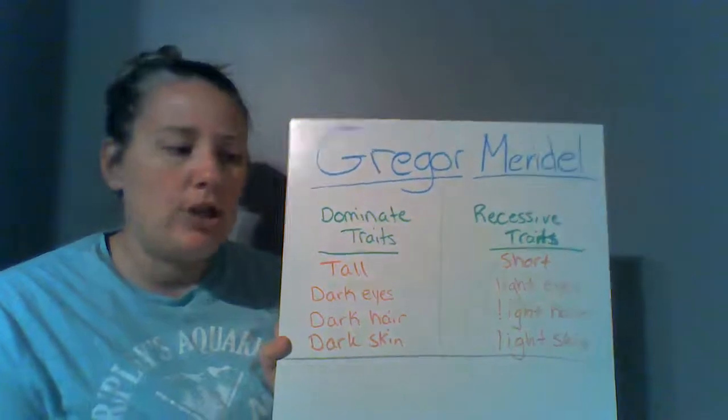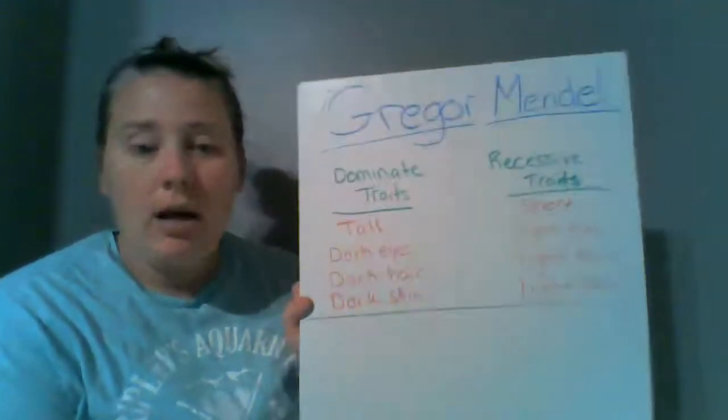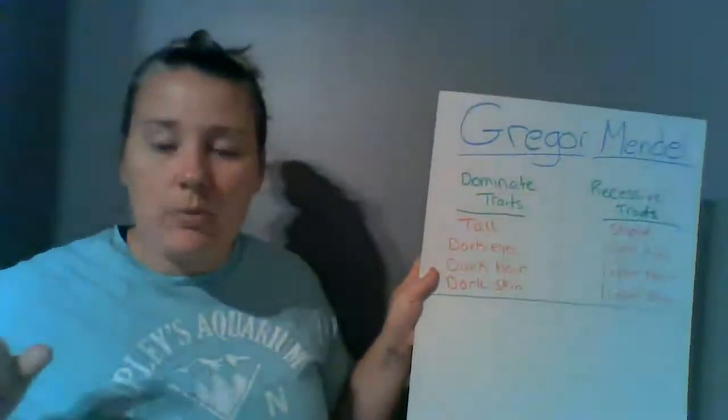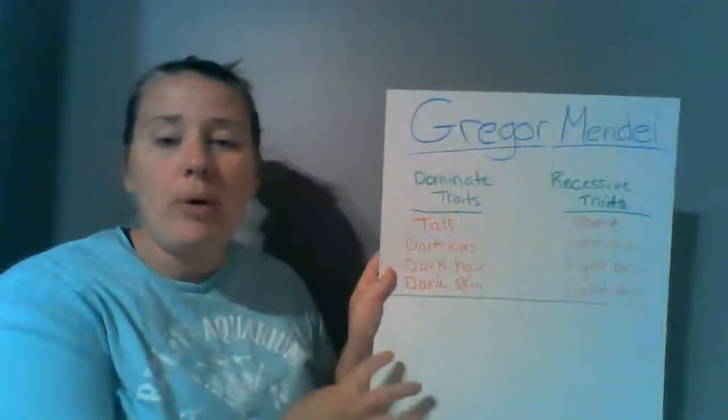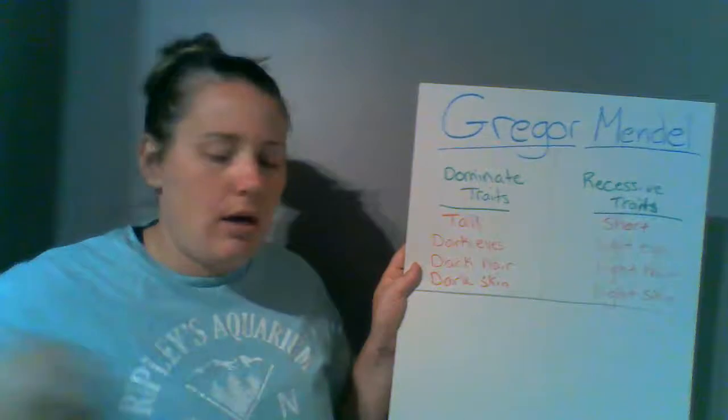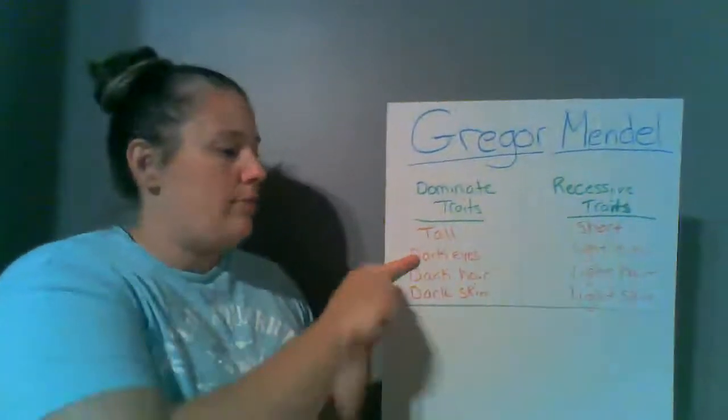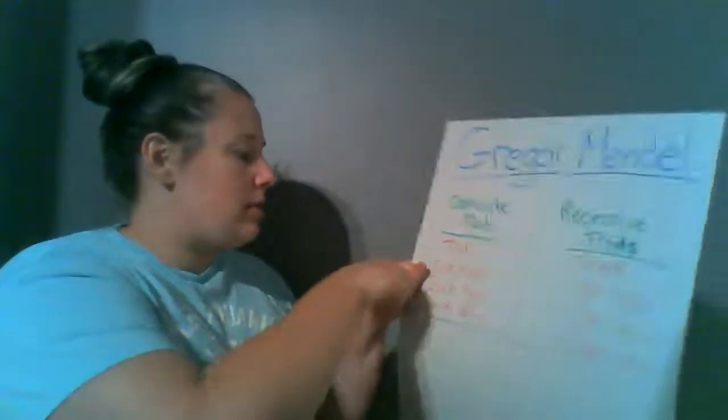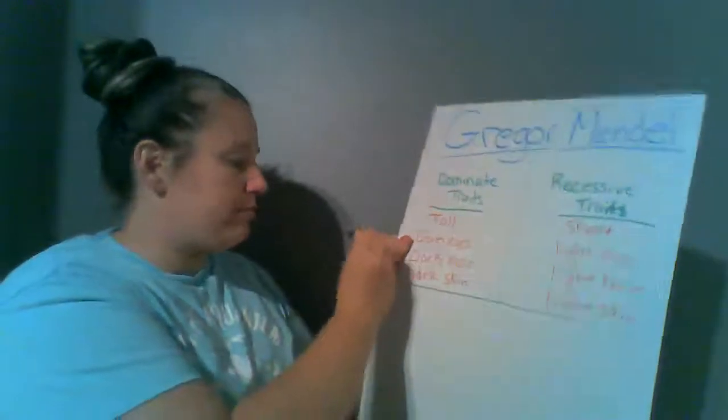He actually used pea plants to do some of his experiments. So this is where your drawings come in. You can use your notebook or your paper. I'm just going to use the bottom of this poster, and hopefully I'll have enough room.